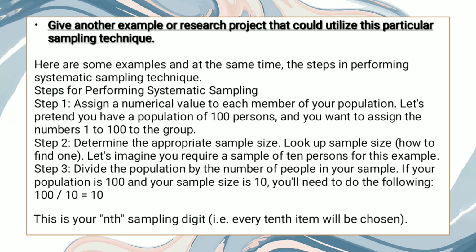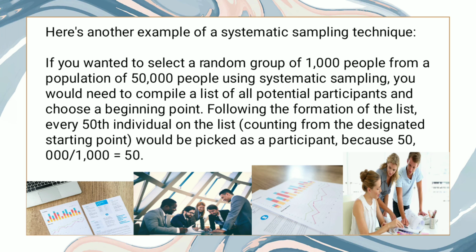So, this is your sampling interval. Every 10th item will be chosen. This is how you perform a systematic sampling technique. Here's another example. If you wanted to select a random group of 1,000 people from a population of 50,000 people using systematic sampling, you would need to compile a list of all potential participants and choose a beginning point.